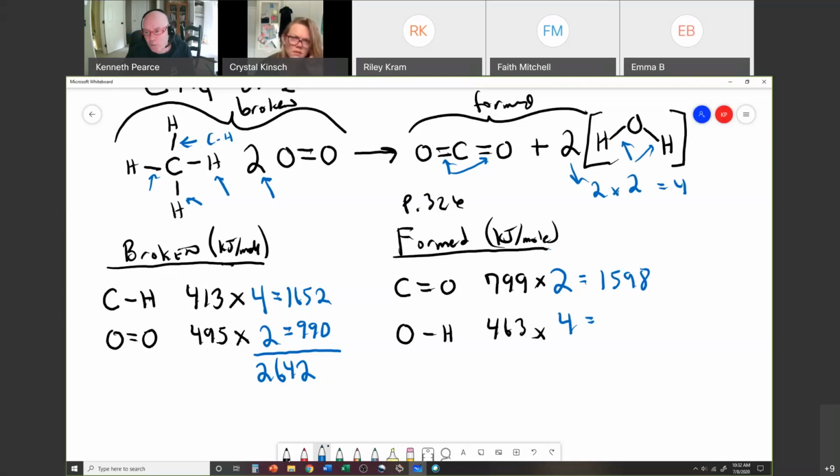Everybody with me so far? You see that, right? Each water molecule has an OH, and then there's 2 of them. So that makes 4 altogether. And so let's see, 463 times 4, and I get 1852.